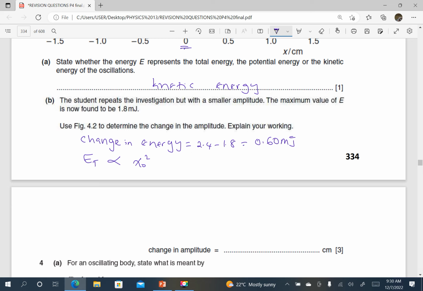So since this is the change in energy, then we can also believe that the change in amplitude is directly proportional. Okay, let me use a simpler method, because the new amplitude here I'm getting is 1.3, but it will not be easy for a non-mathematician. So if you're not a mathematician, let me use a simpler method for you.